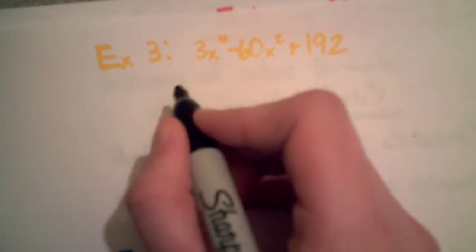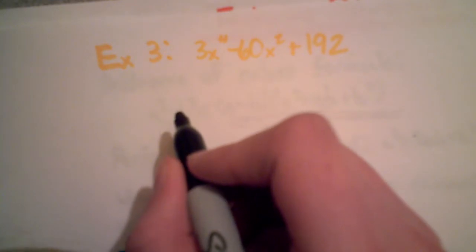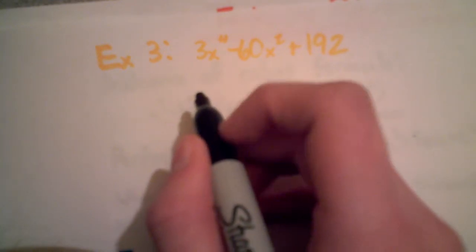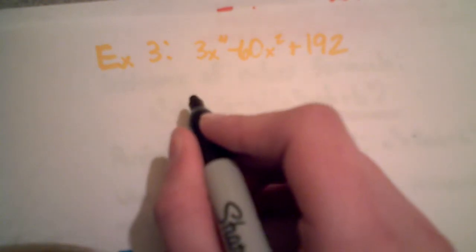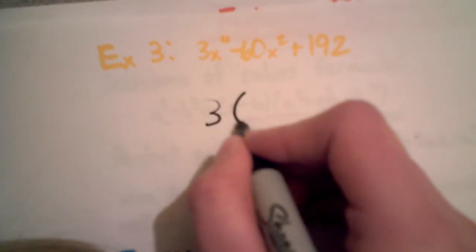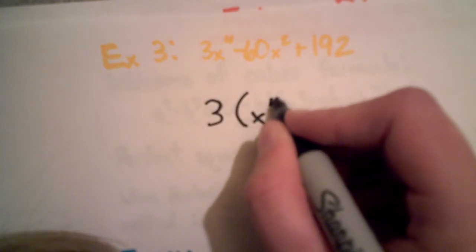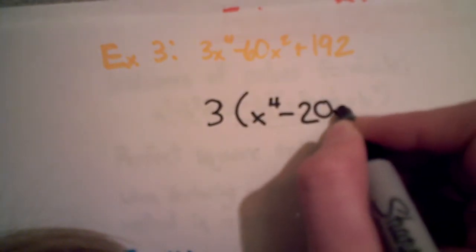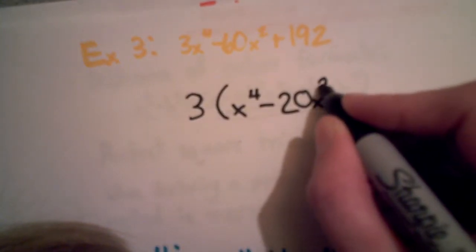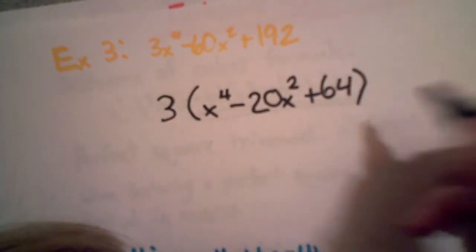This is a factoring completely problem, which is just making things a little more complex for us. Let's see, all of these are divisible by 3, so we can take it out. That's a 3, times x to the 4th minus 20x squared plus 64.